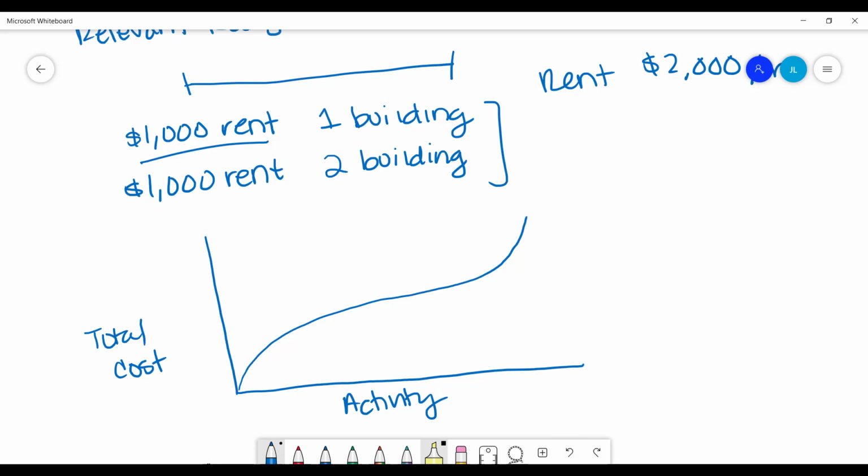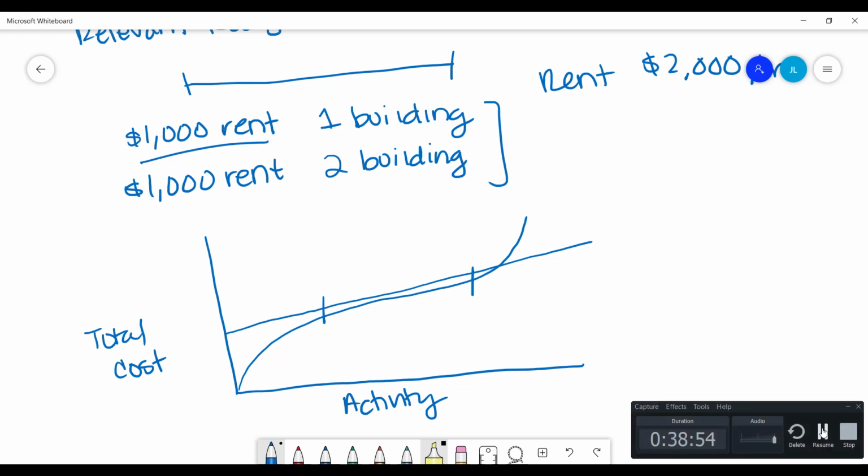Let's see if I can actually get this. It's already a little bit lopsided. I'm just going to do my best here. So this is where we get our relevant range concept from. That portion of the curve is relatively straight. So to simplify things, we just make an assumption that that part of the graph is actually straight and not curved.